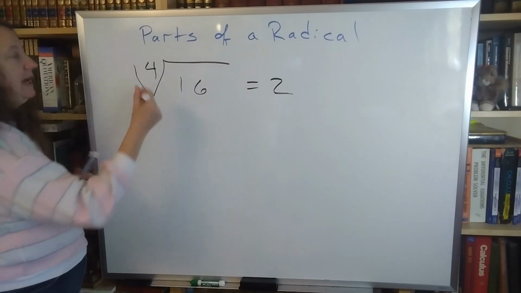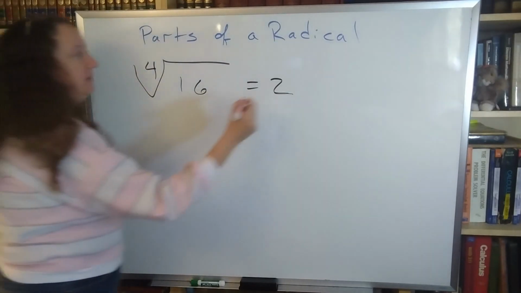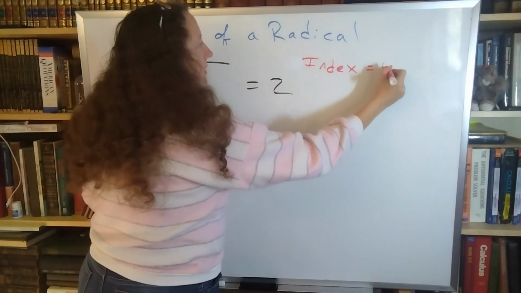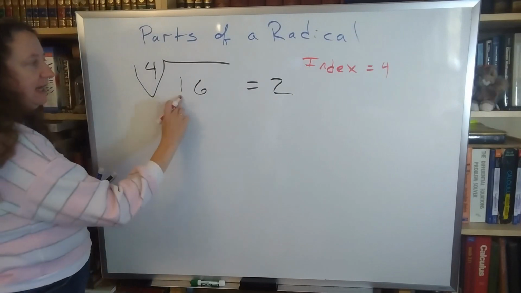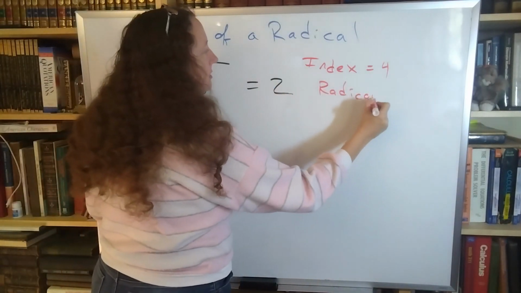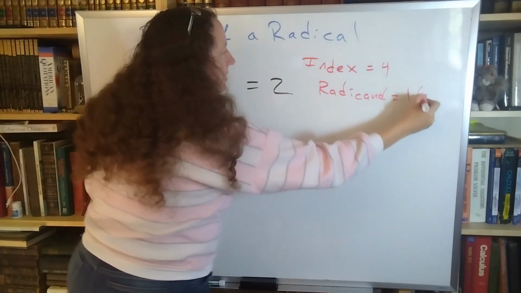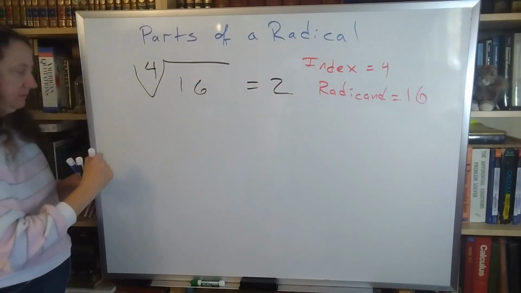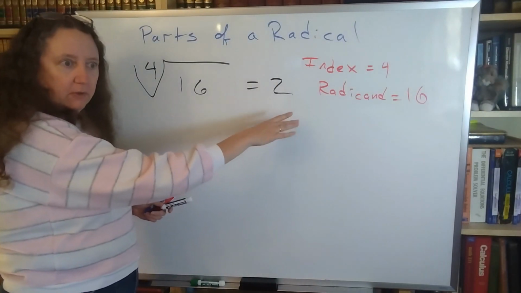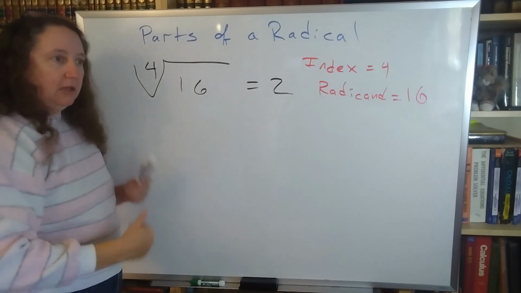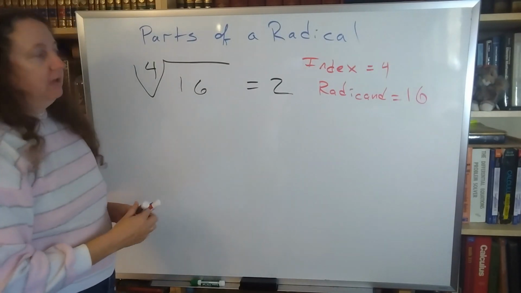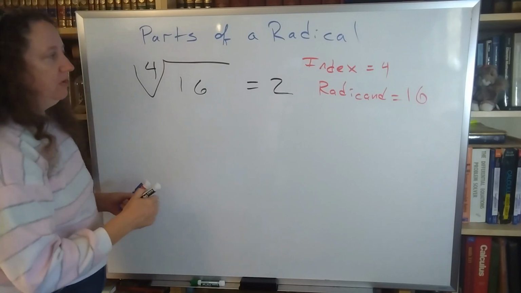So here my number in the valley is 4, so my index is 4, and my radicand is 16. When you go into higher levels of math, you'll need to know that. For my level of math that I'm teaching you, most people don't need to know that. If you're taking this in high school, you'll need to know that.